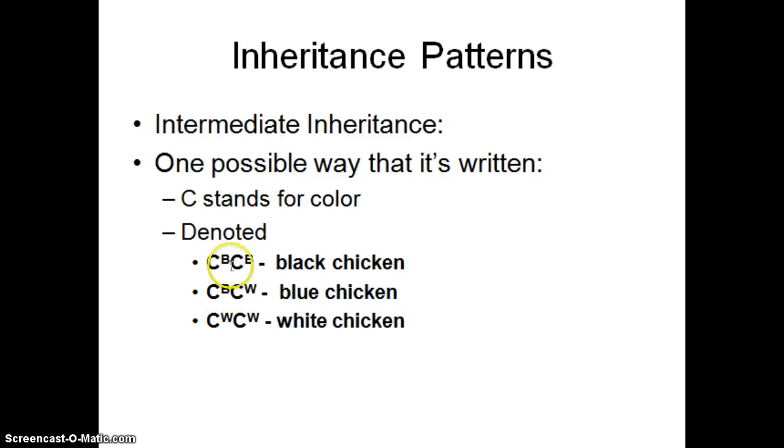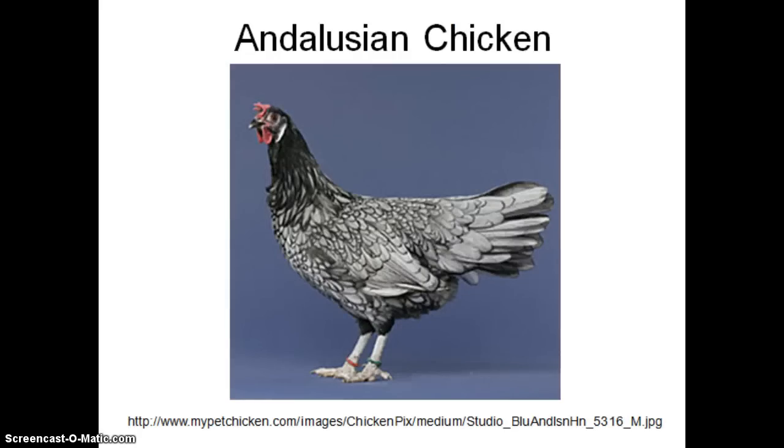The only way we get a black chicken is with this, and if we get something in the middle, it would be this. So I know that you're dying to see this, but this is a picture of that particular chicken. This is an example of a blue chicken, and that is something that's in between both of its parents.